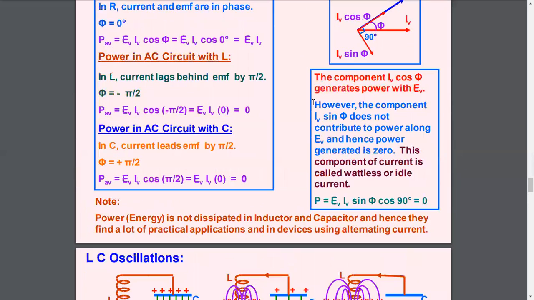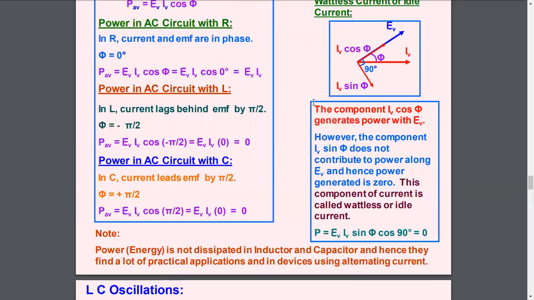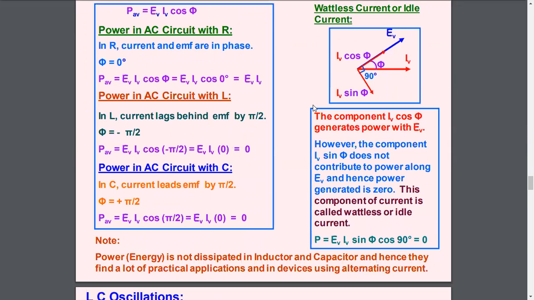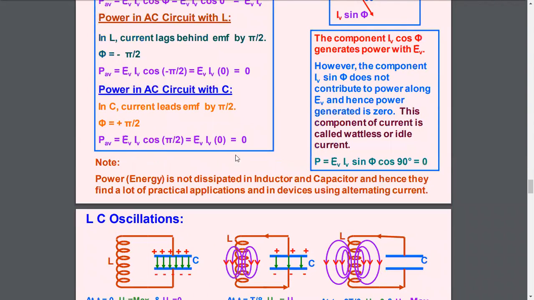Now, so far we have discussed the LCR circuit and phasor representation of current and voltage across the LCR circuit, and ultimately average power across the LCR circuit and the resonance state of the LCR circuit. Now we are going to deal with the LC circuit.